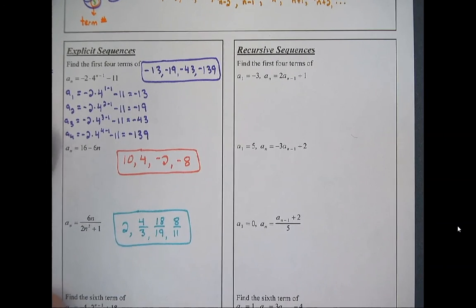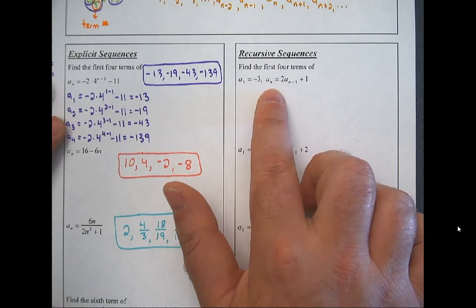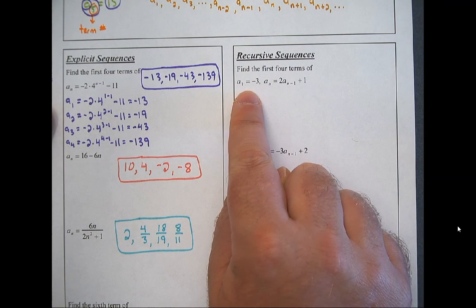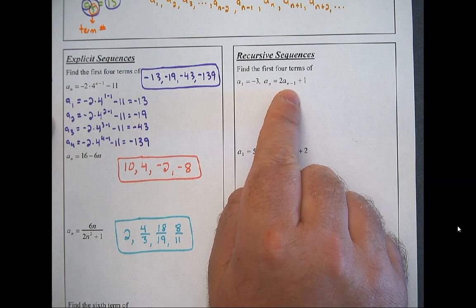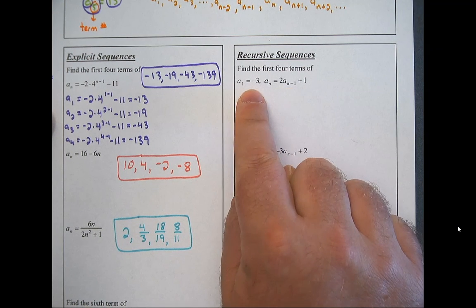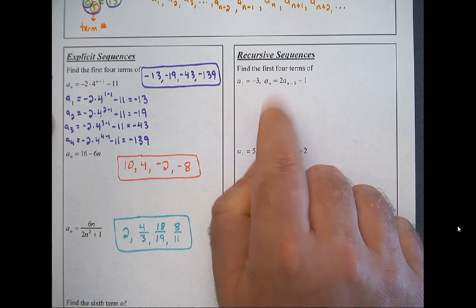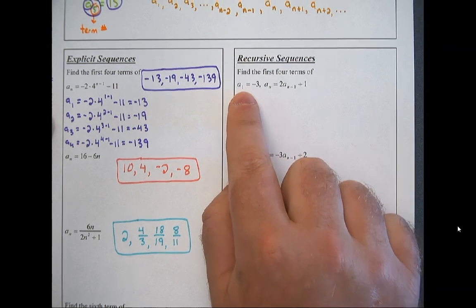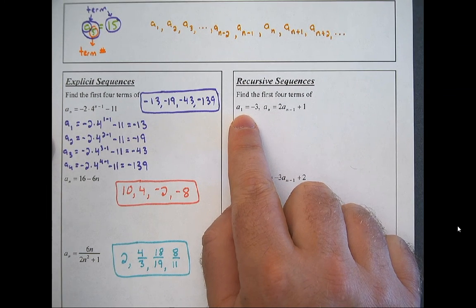So recursive formulas are easier to come up with a rule for, but they're harder to evaluate just because the notation is kind of weird. So in a recursive sequence, every term is based on the term before it. So the rule is based on the term before it, which means I have to tell you what the first term is.